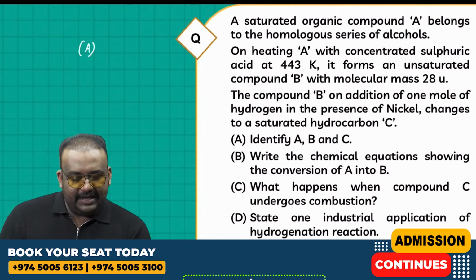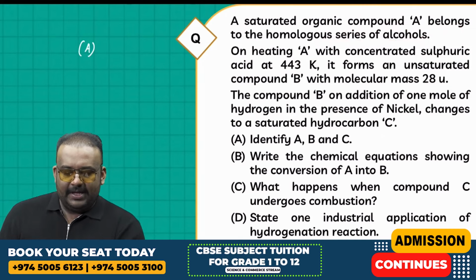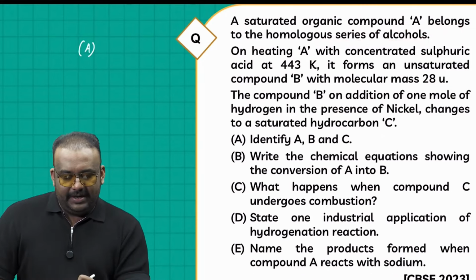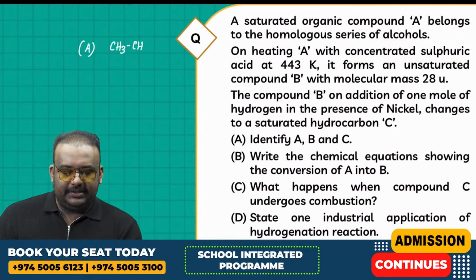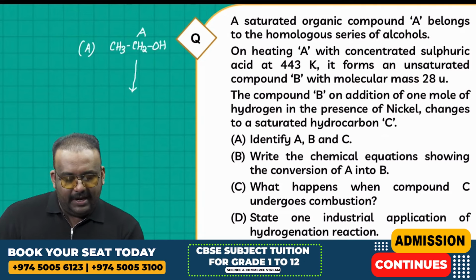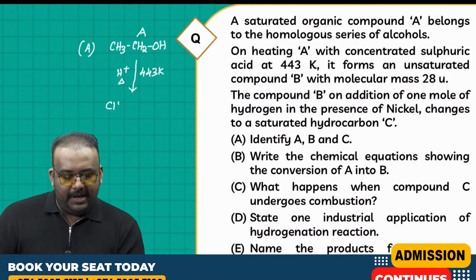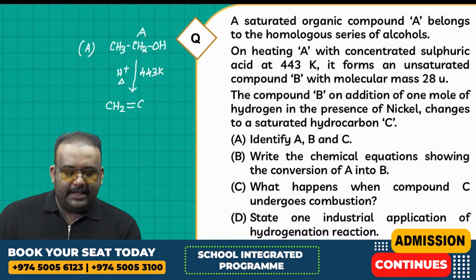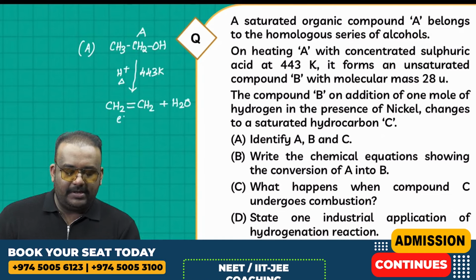First, it says a saturated organic compound A belongs to the homologous series of alcohols. So one of the most common alcohols that we learned is ethanol. CH3CH2OH is the formula of ethanol. So that could be A. And this on heating with sulfuric acid at 443 Kelvin forms an unsaturated compound B. So you know that ethanol on heating will undergo dehydration to form ethene, correct?